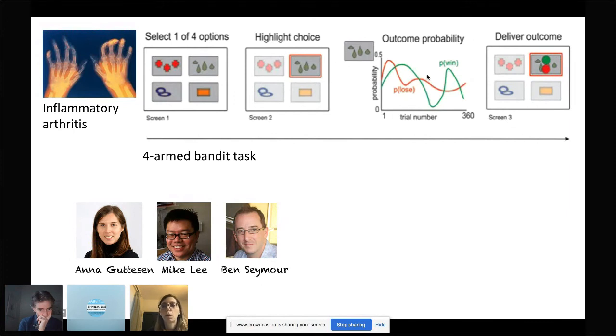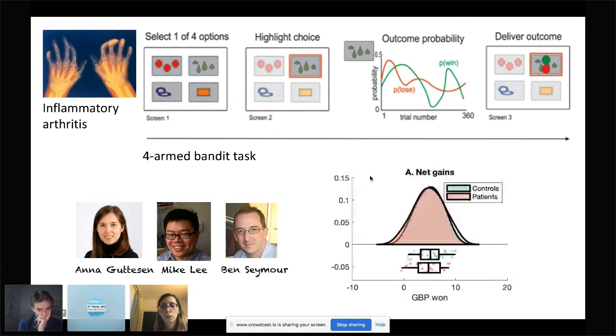The probability of winning or losing is set by the computer. It's different for each box, and it also changes over time. So the task is quite difficult, we need to keep on tracking it. Overall, the patients are able to do the task quite well, and overall they win the same amount of money as controls, which is reassuring.